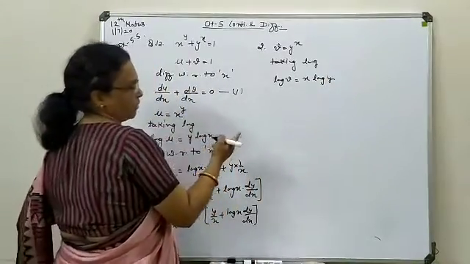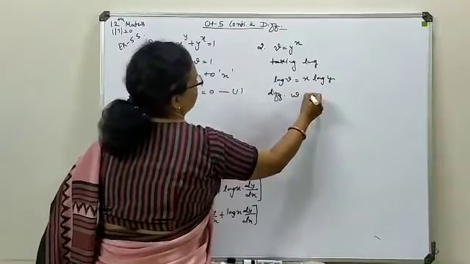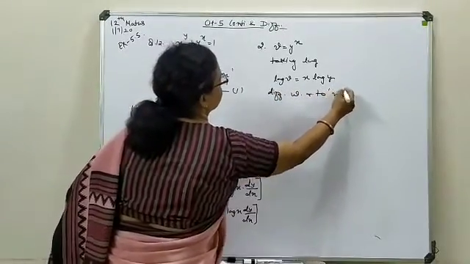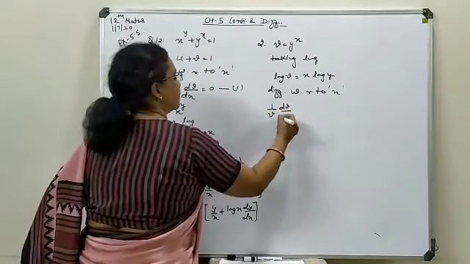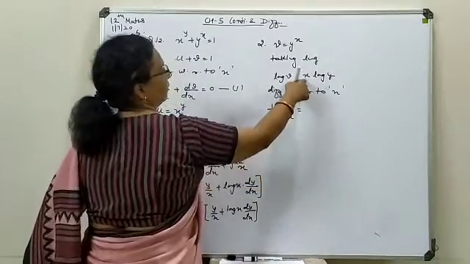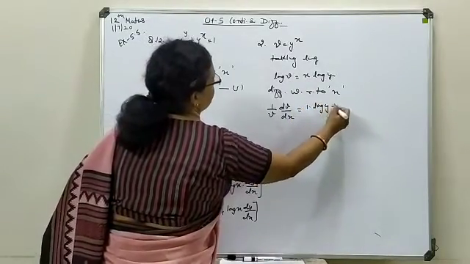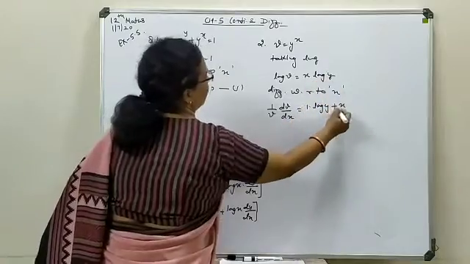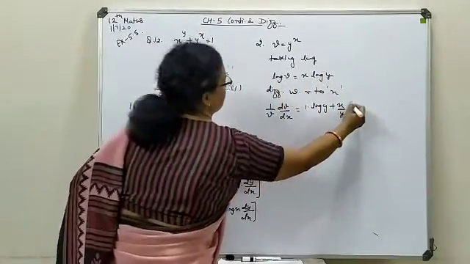Differentiate with respect to x on both sides. So differentiating with respect to x, 1 upon v dv by dx. The derivative of x will be 1, so 1 into log y plus the derivative of log y, which means 1 upon y, and as it carries the y term, dy by dx also has to be included here.